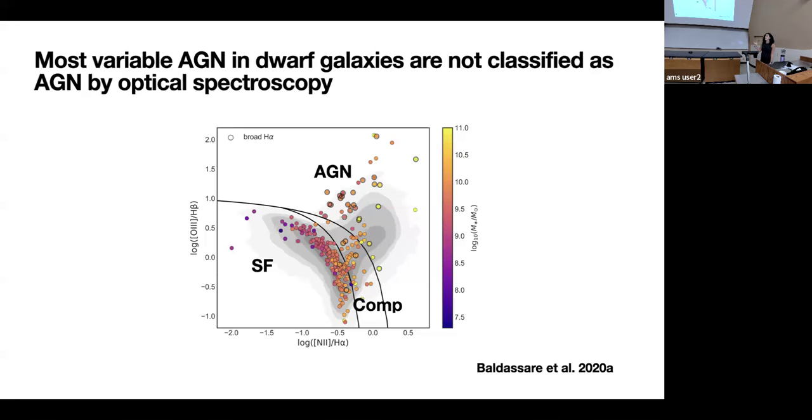Each of those points is one of the galaxies that we found to have variability consistent with an active black hole. Most of these would have been missed by these other selection techniques that were designed for more massive galaxies. So we're finding active black holes in dwarf galaxies that are missed by other techniques, which is really important if we want to have a complete understanding of the population of black holes in dwarf galaxies.